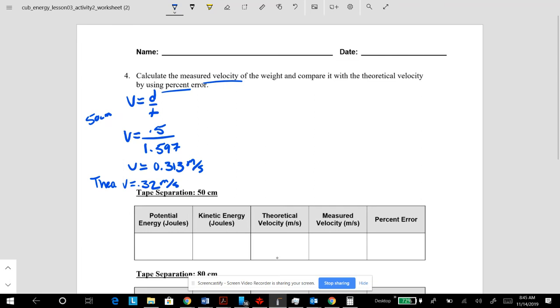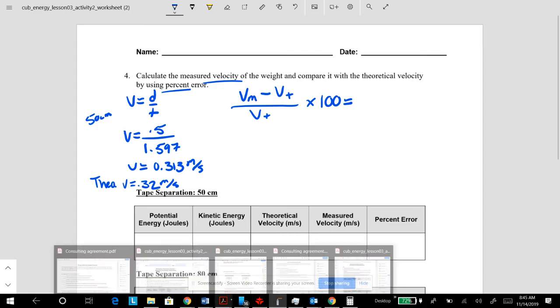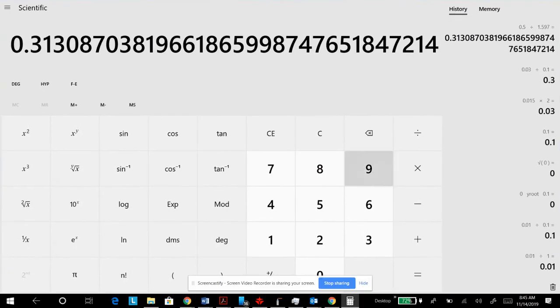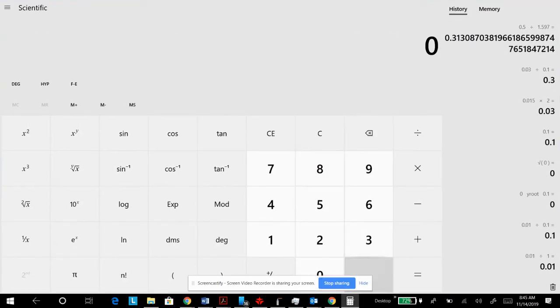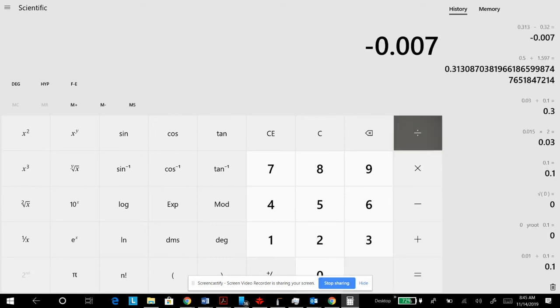So what I want to do is find my percent error. I go V measured minus V theoretical over V theoretical times 100. And I should have a percent error. So I'm going to go here. My measured is 0.313 minus 0.32 divided by 0.32.